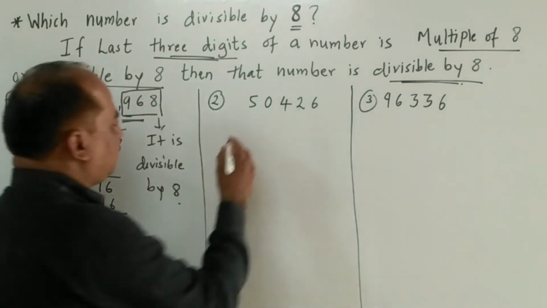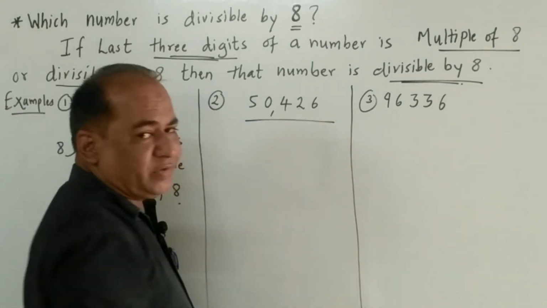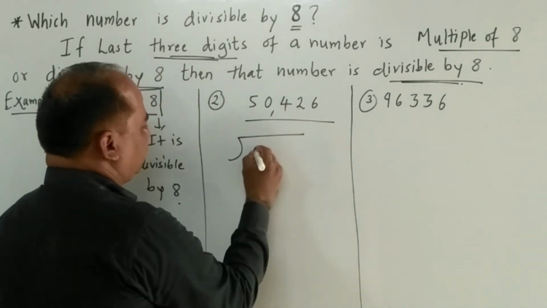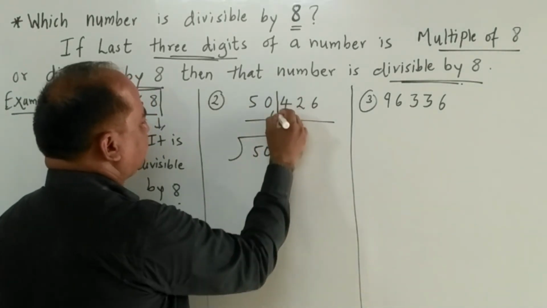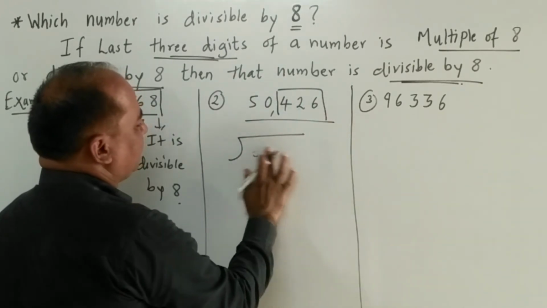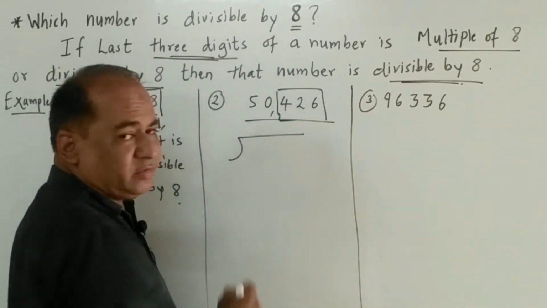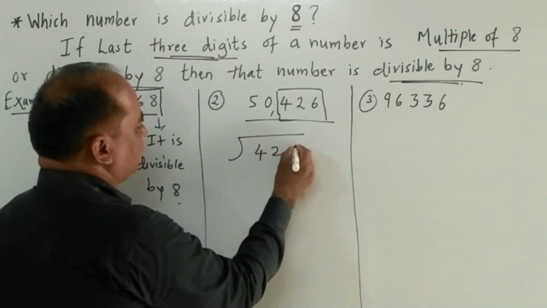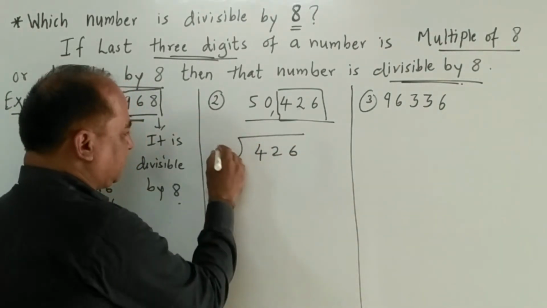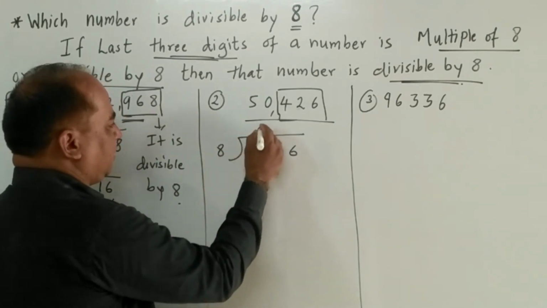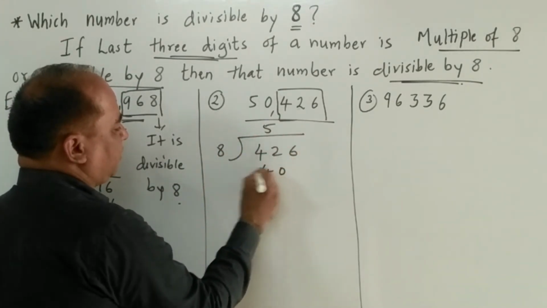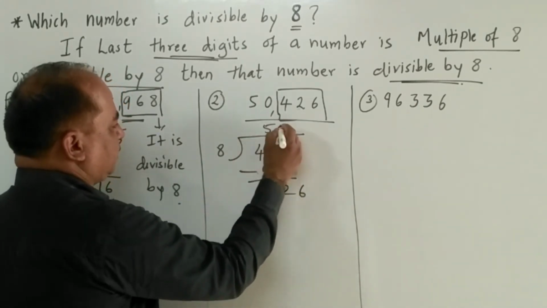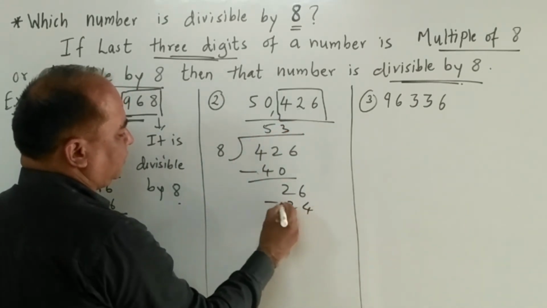Now let us see 50,426. Is this number divisible by 8? Last 3 digits we have to consider. Check whether these last 3 digits are completely divisible by 8. So 426 is divided by 8. 8 fives are 40, 42 minus 40 is 2. 8 threes are 24.